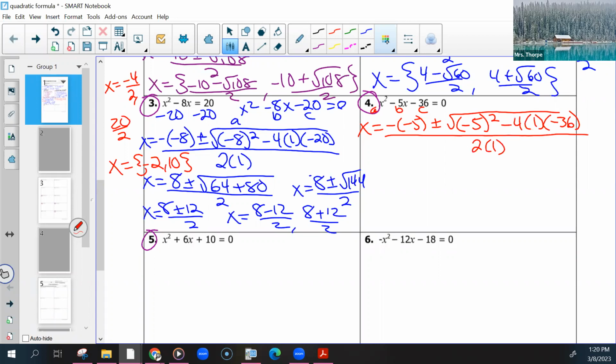Then we can start to simplify. 5 plus or minus square root of 25 plus what's -4 times 1 times -36. 144.